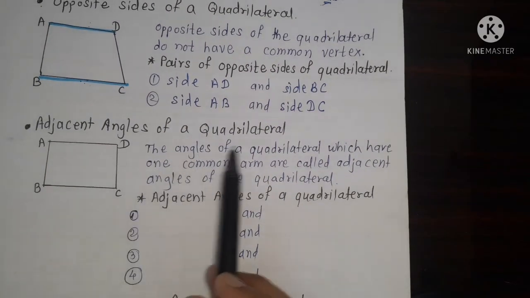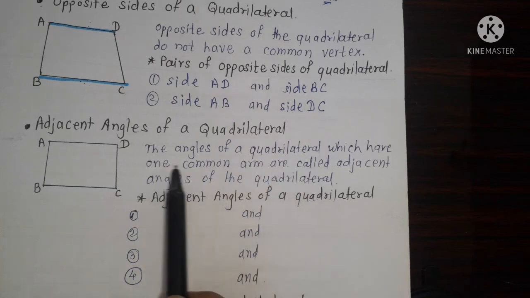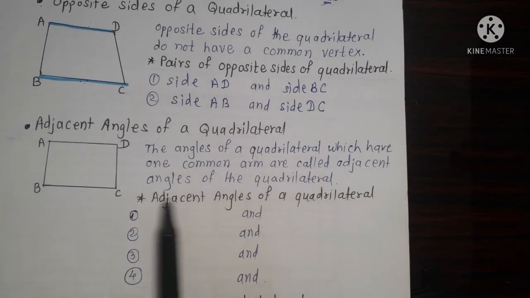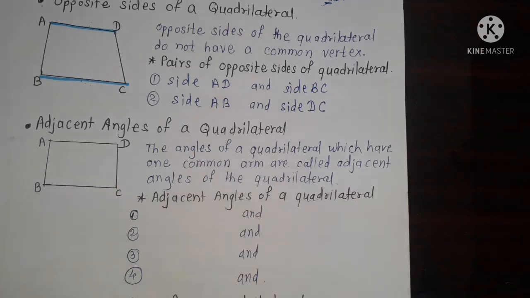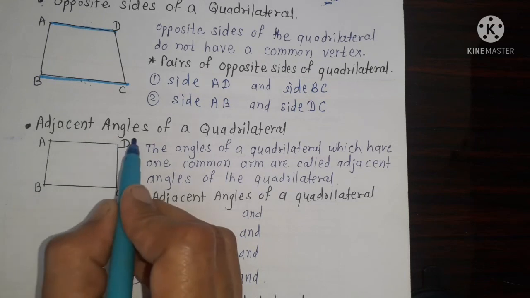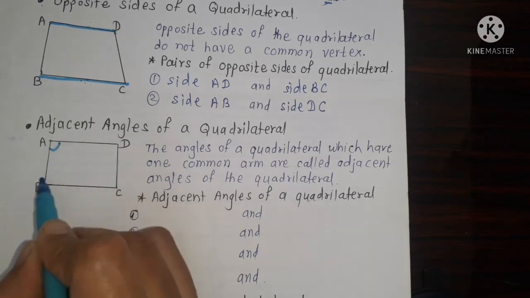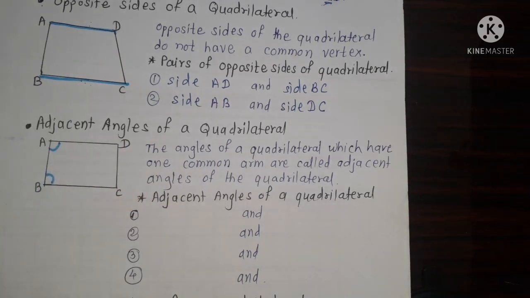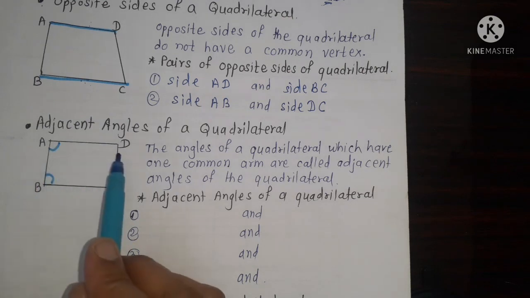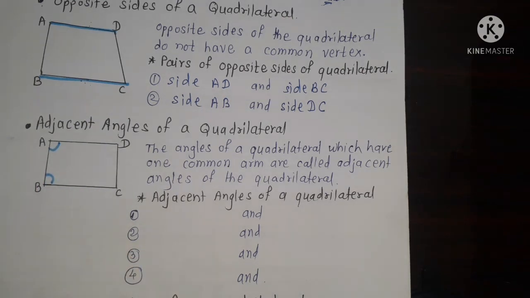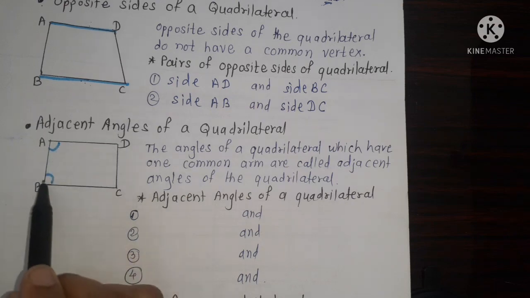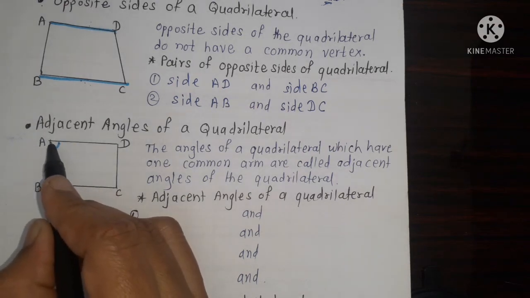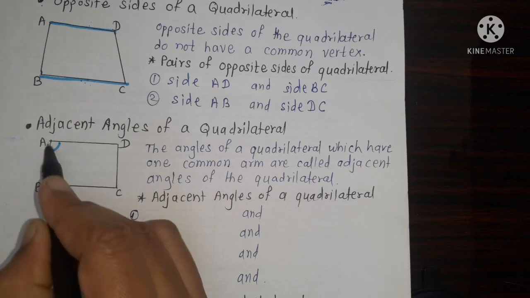Adjacent angles of a quadrilateral. The angles of a quadrilateral which have one common arm are called adjacent angles of the quadrilateral. First, see the pairs of adjacent angles: angle A and angle B, or angle A and angle D. When we see angle A and angle B, there is a common arm AB.